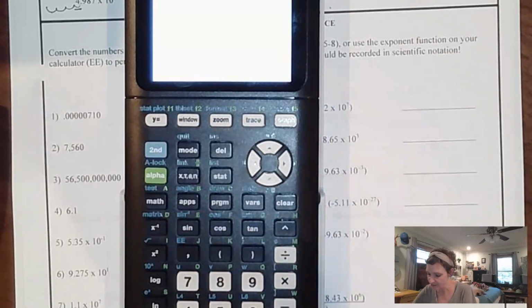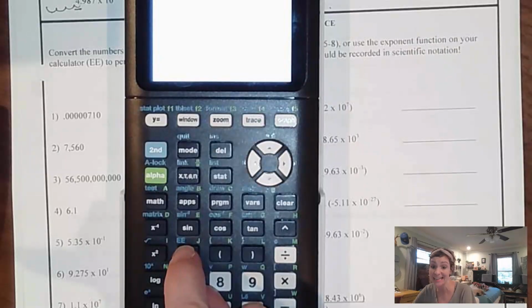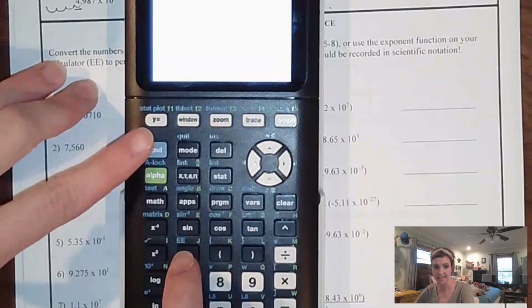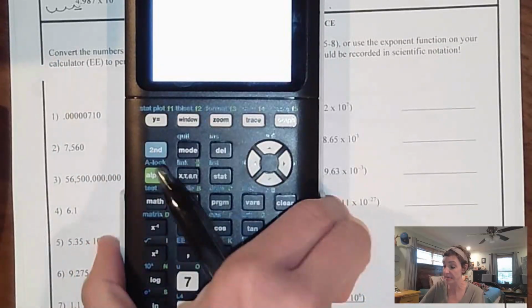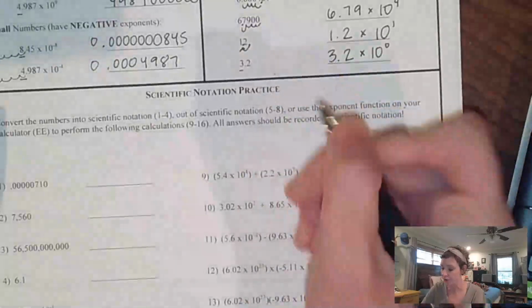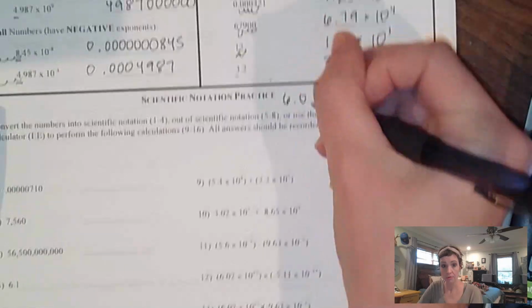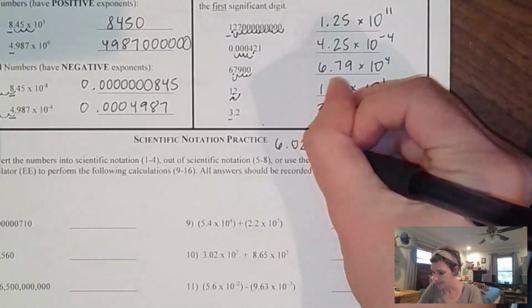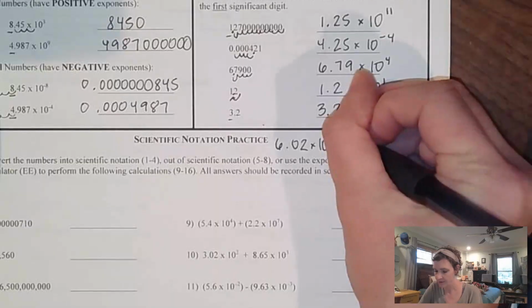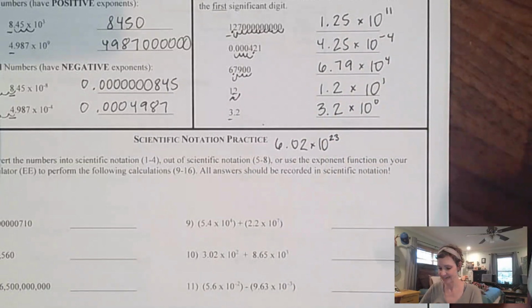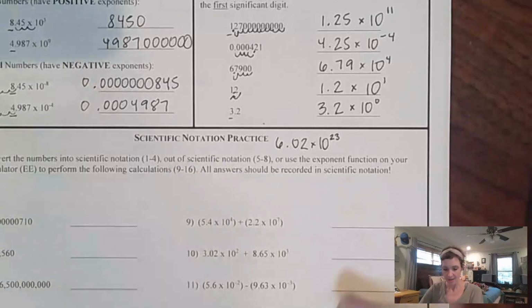It is a function that is activated first by hitting the second key. So to get the EE button, you're going to have to press second and then do that. And I'm going to show you what the EE button will actually do for you. So if I had a number like this, 6.02 times 10 to the 23rd, which is one of my favorite numbers because that is a chemistry number, the mole. We love that.